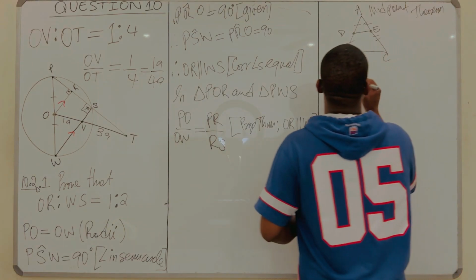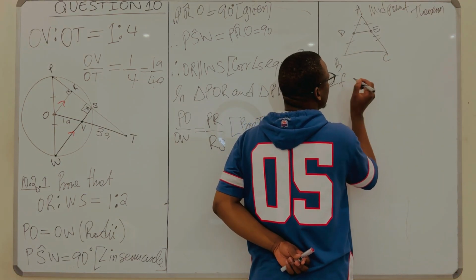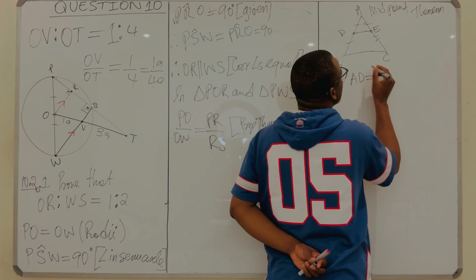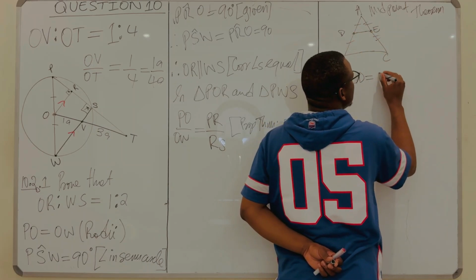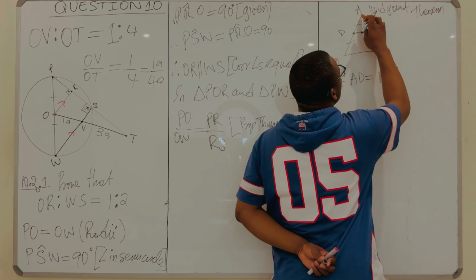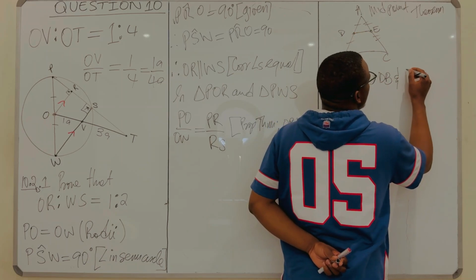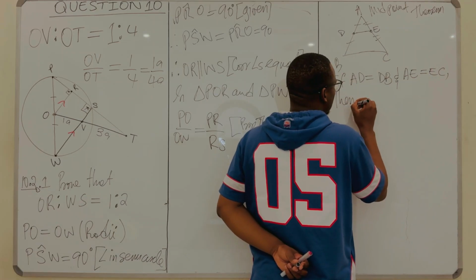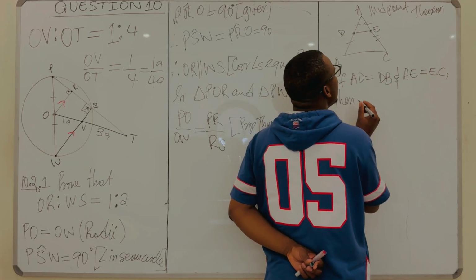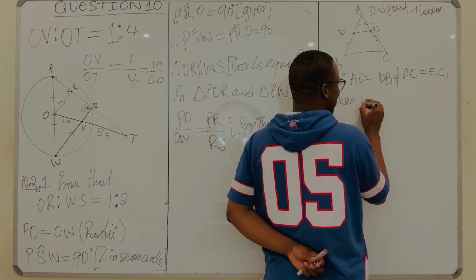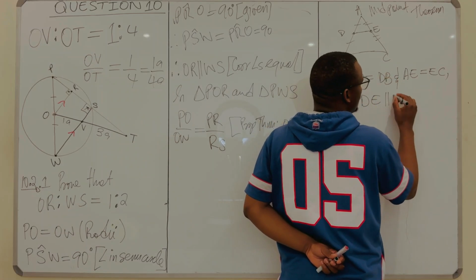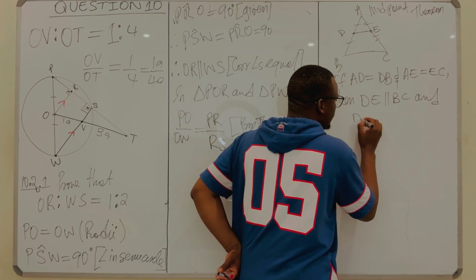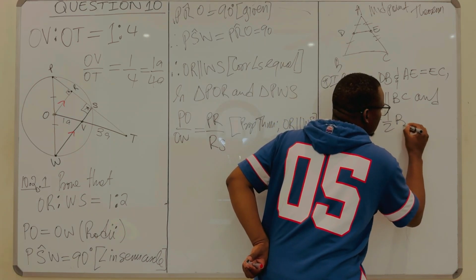So the midpoint theorem says that if in this triangle AD is equal to DB, and AE is equal to EC, then DE will be parallel to BC, which means this side will be parallel to this one, and the length of DE will be equal to half that of BC.